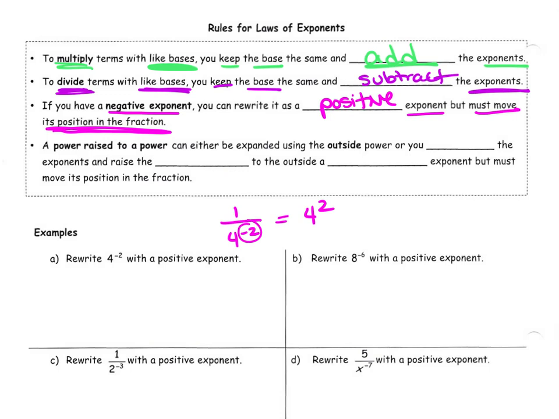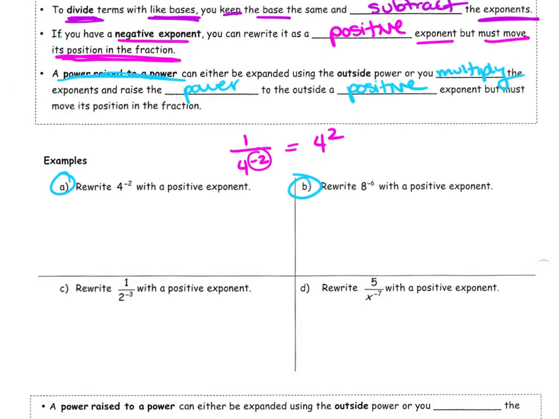And now if I have a power raised to a power, we multiply the exponents. Multiply the exponents and raise the power to the outside of a positive exponent. Okay, you must move its position in the fraction again if it's negative, things like that. All right, so why don't you try A and B? Why don't you try A and B using these rules?